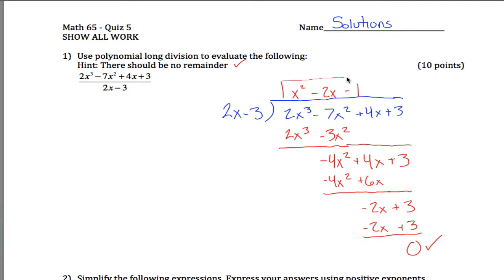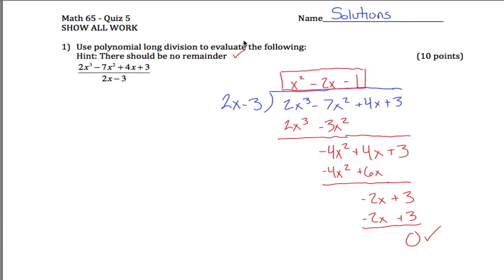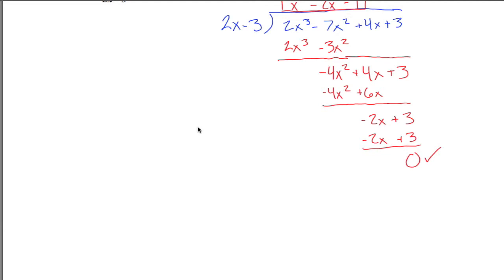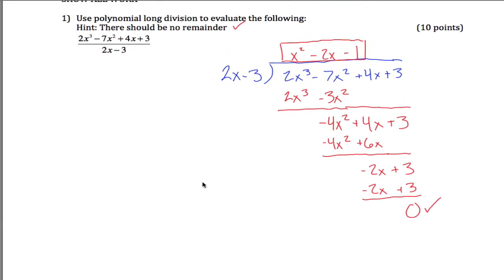What it says is this polynomial divided by this polynomial is equal to that polynomial right there. All right, now that we have our answer here, I'm going to show you a way to check your answer. I actually changed this quiz a little bit, so the only thing that's remaining on the quiz that you will see is to check that we got the right answer here by multiplying this answer by the denominator here.